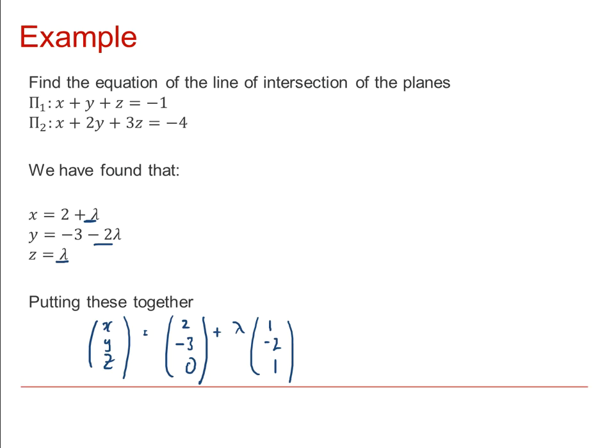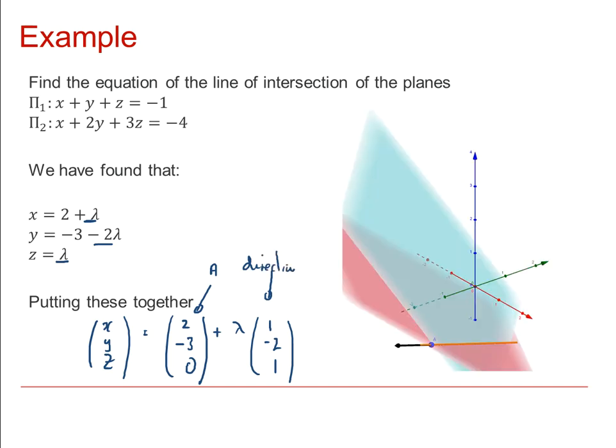And that's then the equation of the line in the form that we wanted. We've got here a point, the vector for a point A, and direction. And if we look at the diagram here, A is the point 2, negative 3, 0, and this is the direction vector, 1, negative 2, 1.